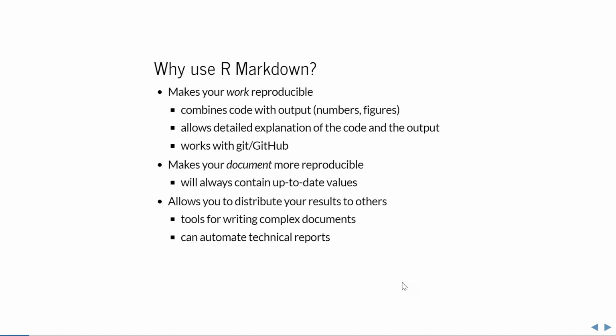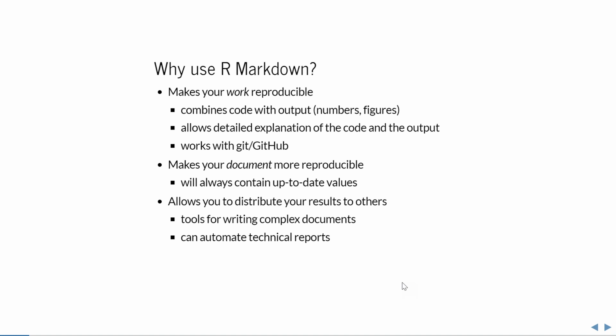And so it makes it very easy to fix mistakes. The other reason for using R Markdown is it also makes documents more reproducible. Because they contain R code, they can be regenerated at any time. And so if you get more data, then the document can be updated to reflect the changes in the data. So it's not just like you have a hard-coded number in a document. It could be a value which is based on a calculation.